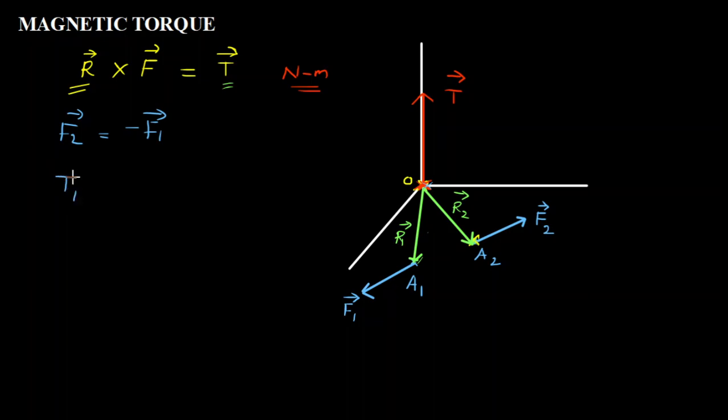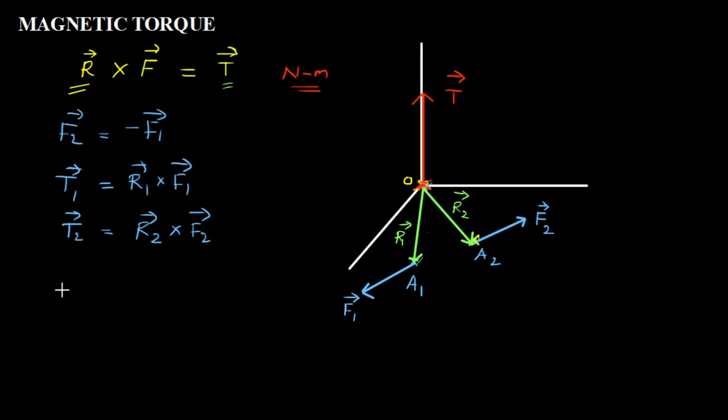By going by the definition, I'm not very sure, but I'm just writing it, T1 can be written as R1 cross F1, because this is just a definition. We have just defined torque. And similarly, I can write T2. If there exists a T2, then T2 will be R2 cross F2. There is no doubt in this. Right?